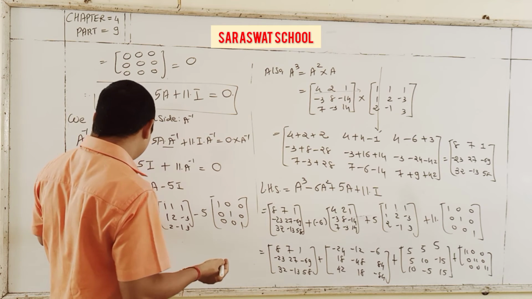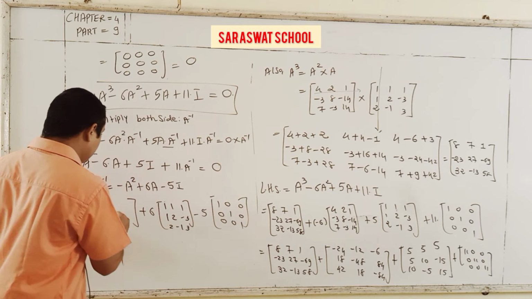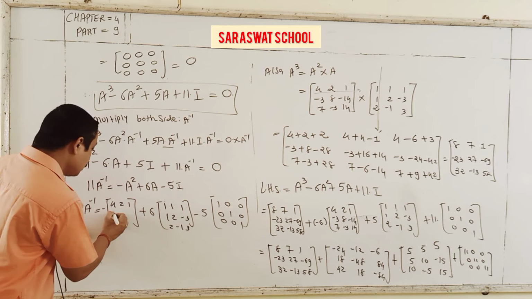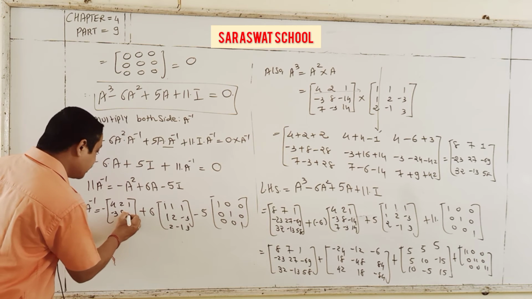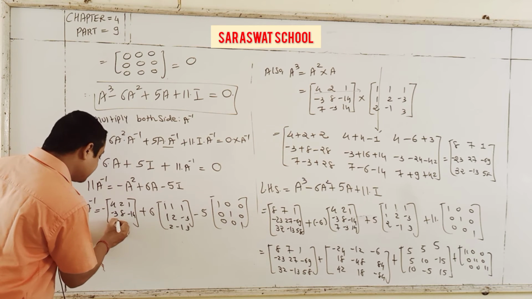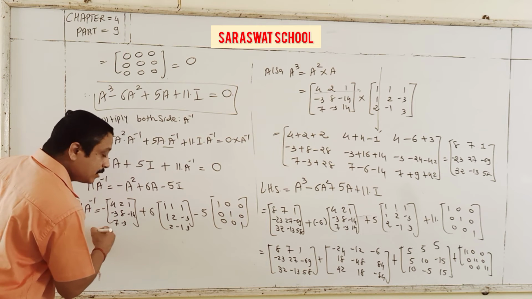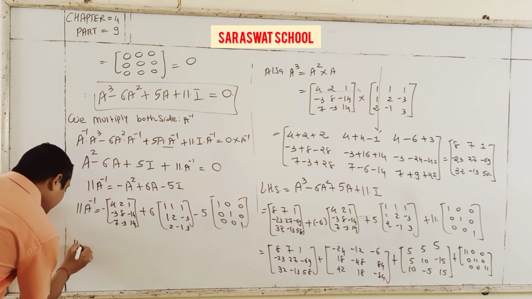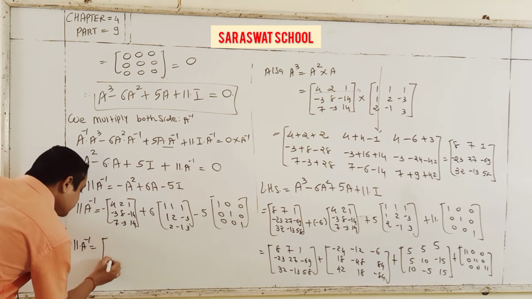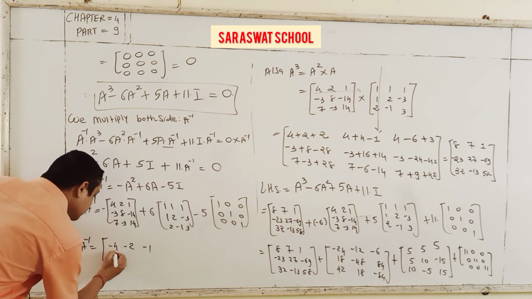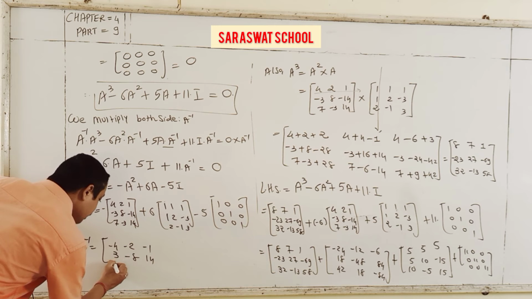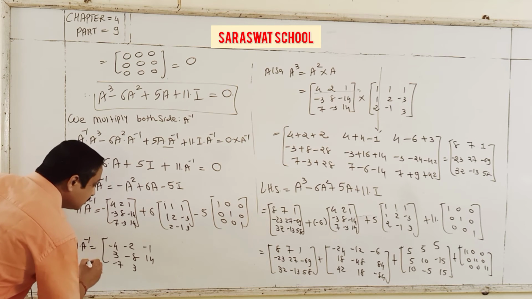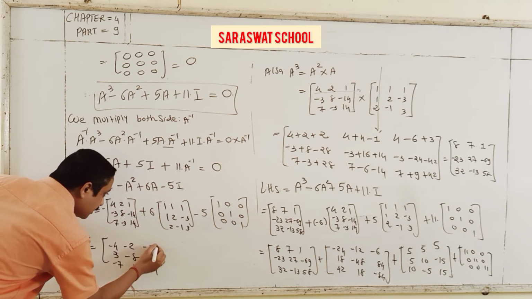And last A square also known to you: 4 2 1, minus 3 8 minus 14 and 7 minus 3 and 14. Now multiply inside. So 11A inverse is minus 4 minus 2 minus 1, 3 minus 8 14 and minus 7, it is 3 minus 14.